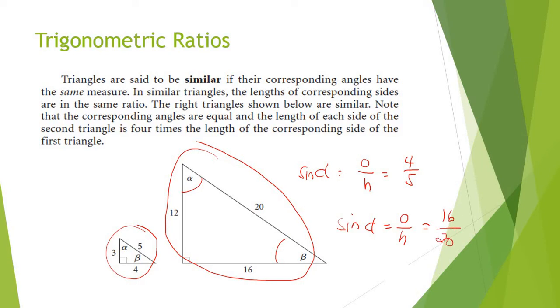You can reduce this, divided by 4, that will give you 4 over 5. So, the same. And if you convert that to an angle, they have the same angle. So that is the similarity of triangles.